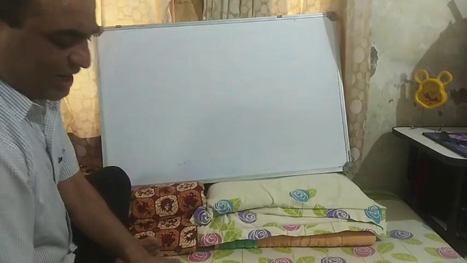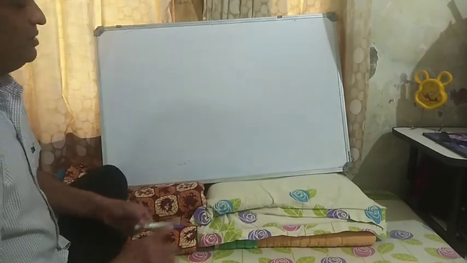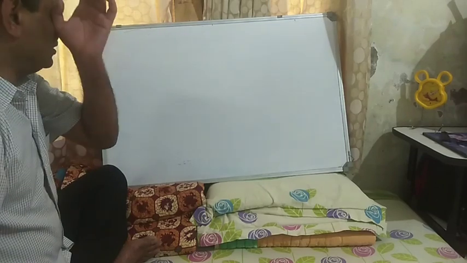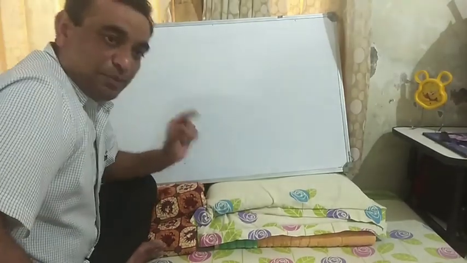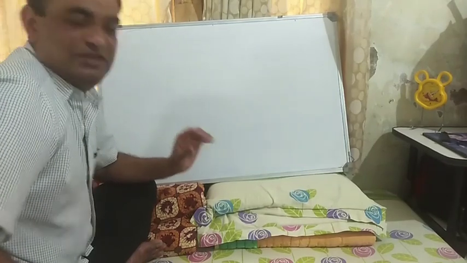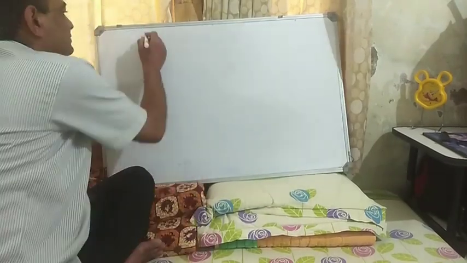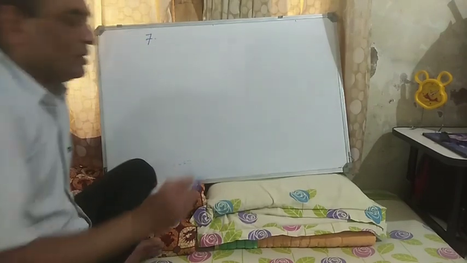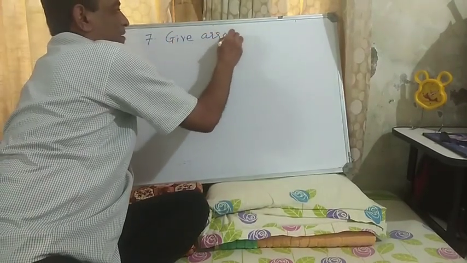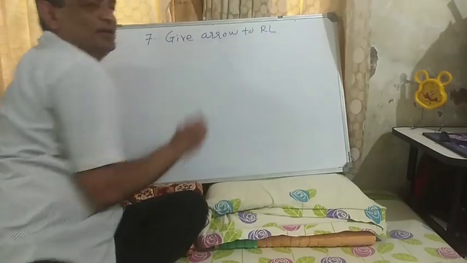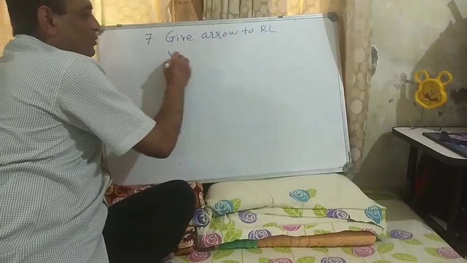Once you mark the line segment, you identify the portion of the real axis which is part of the root locus. Then give arrows to the root locus starting. If there is a pole, then you give an arrow outward.